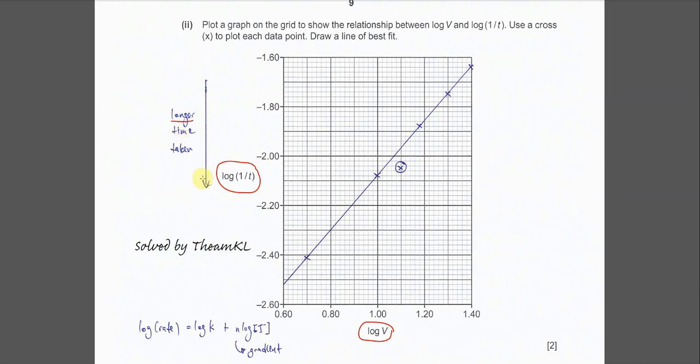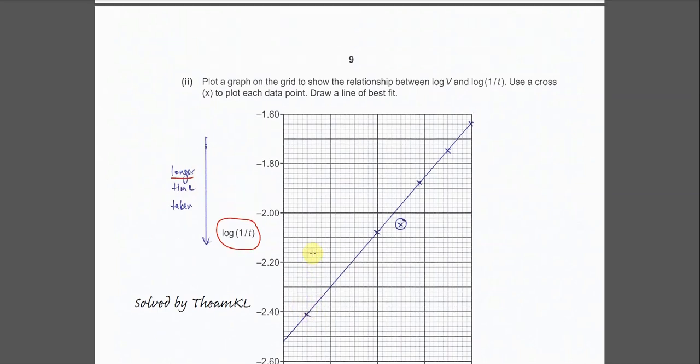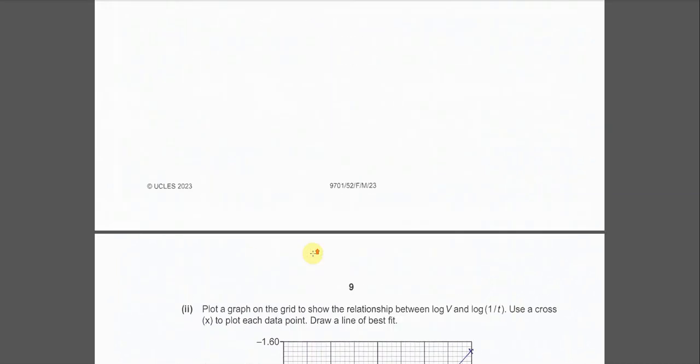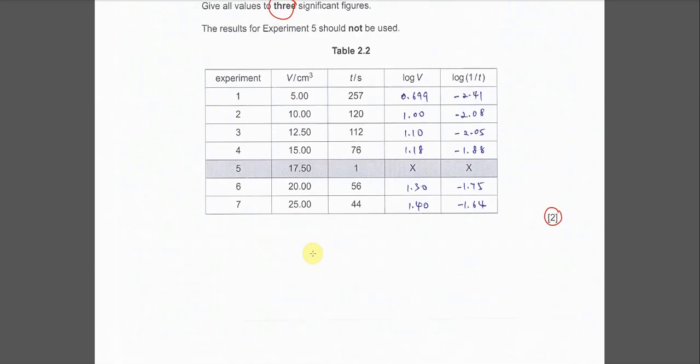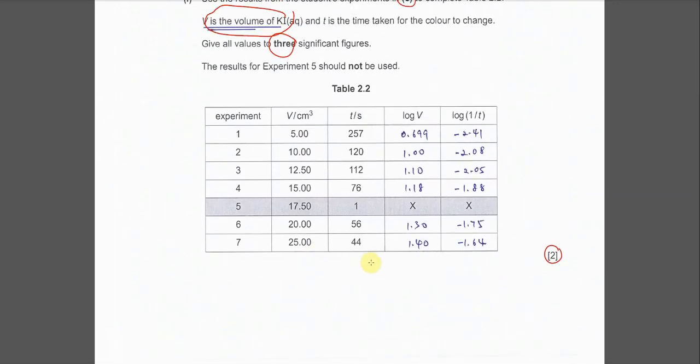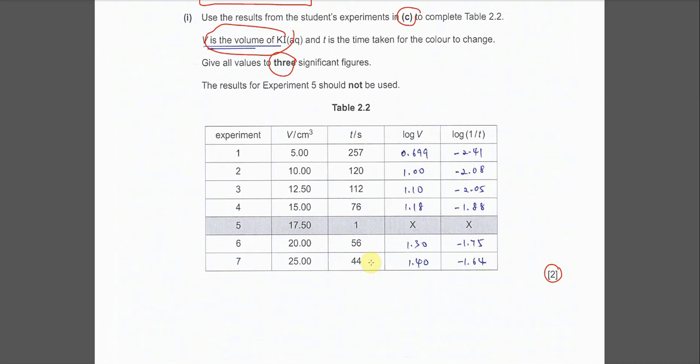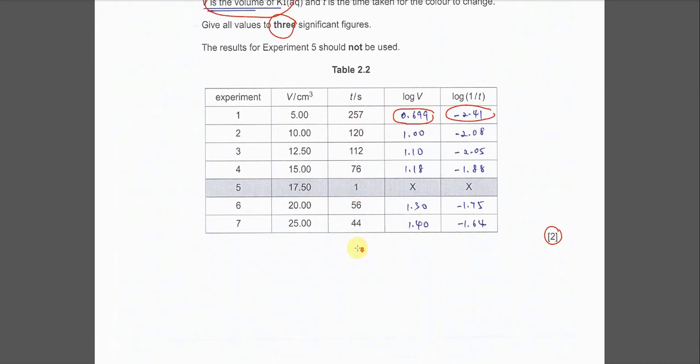So when it's going down, the time taken will be longer. This plot will be the longest time, which in the table will be the first one. Oh, sorry, the first one has the longest time, the first plot, this one.